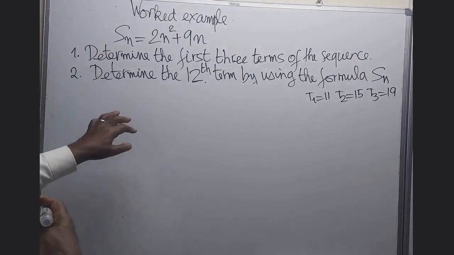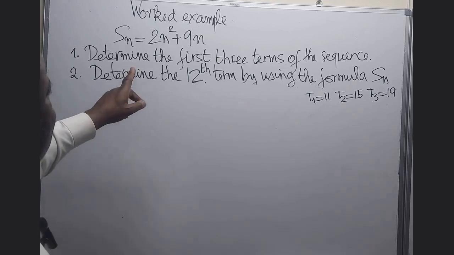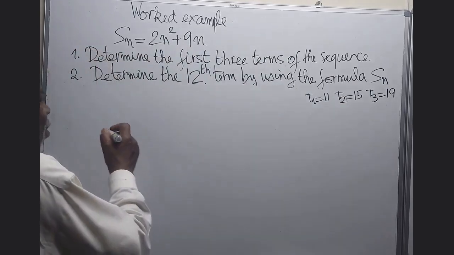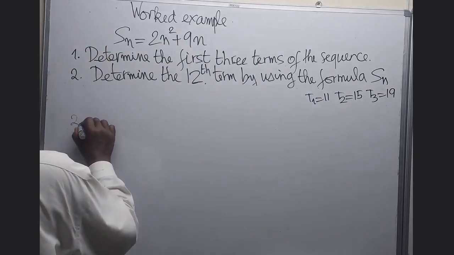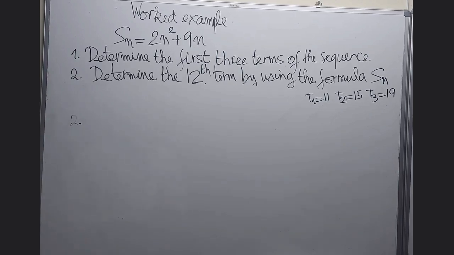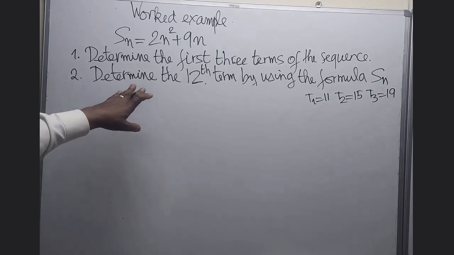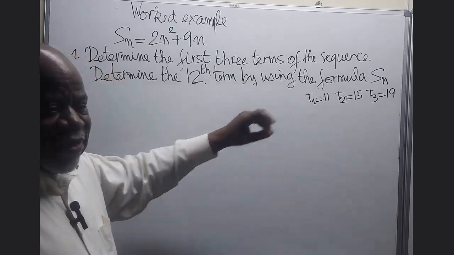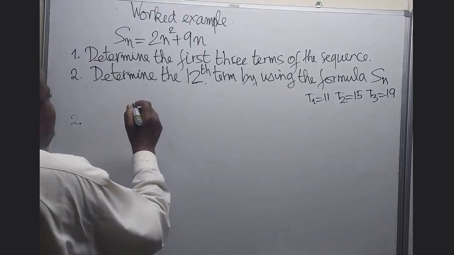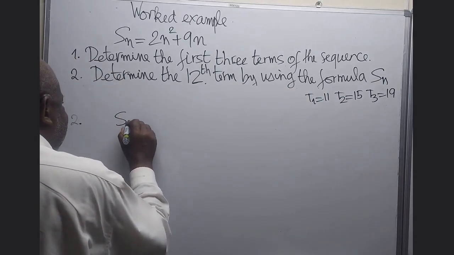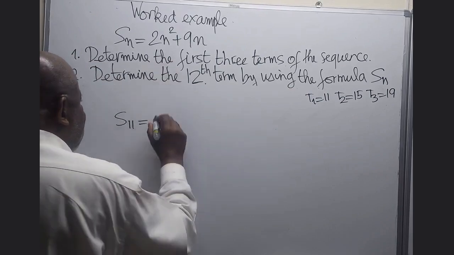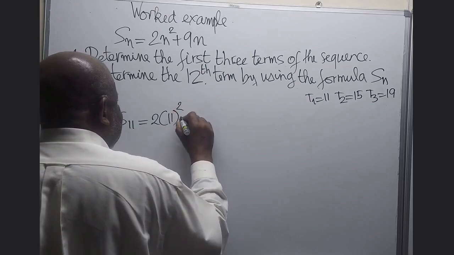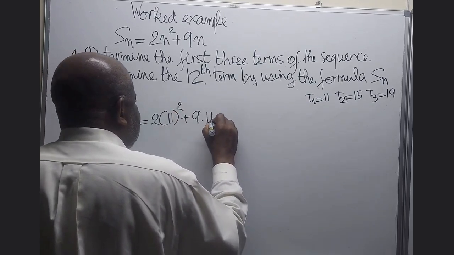Here are our first three terms from the first question. Question number 2, they say, determine the 12th term by using the formula Sn. So we're going to say here, S11 will be equal to 2 times 11 squared plus 9 times 11.